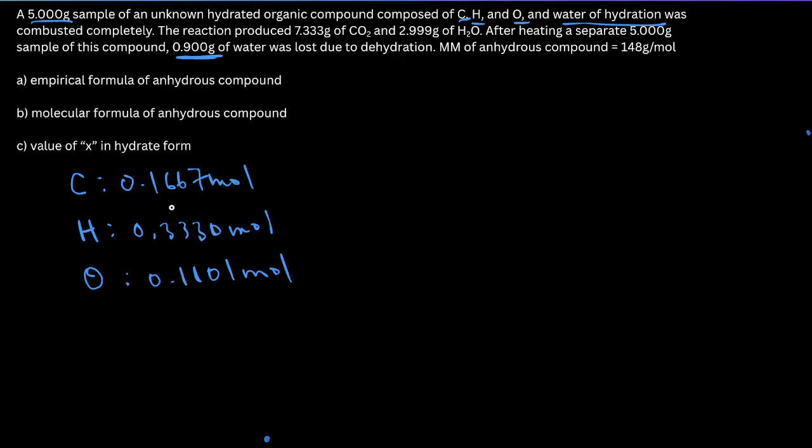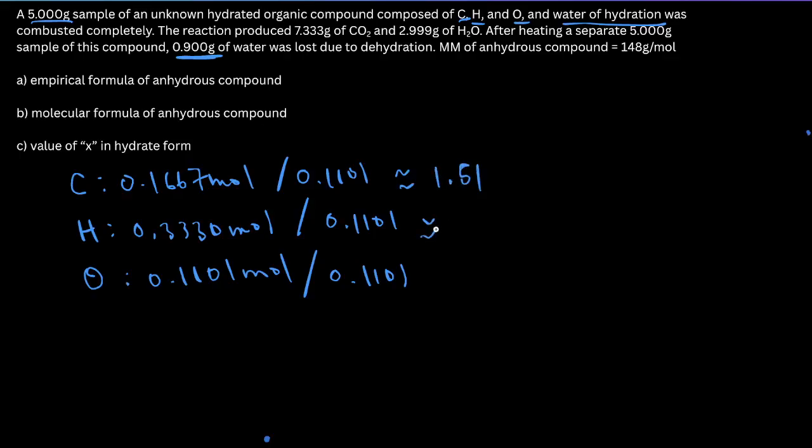And so in this case, that number is clearly 0.1101, right? So we would divide each of these numbers by 0.1101, giving us an approximate mole fraction of 1.51, 3.03, and well, exactly 1 in this case.